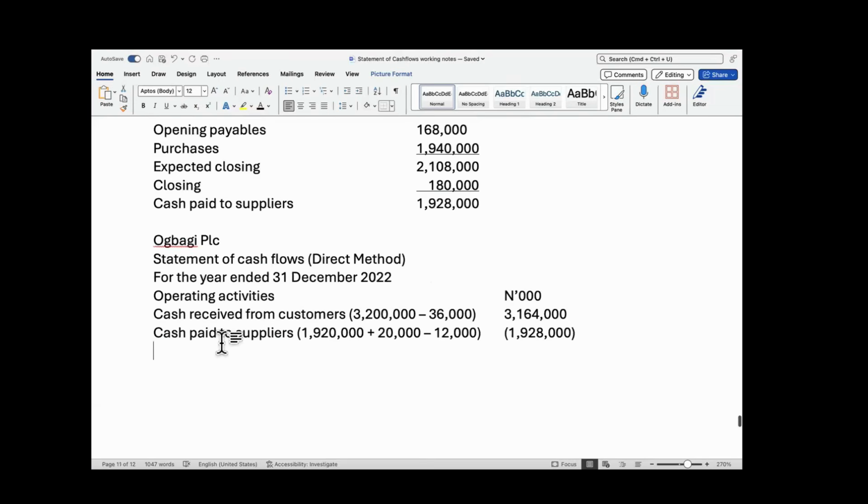So staff remuneration is 480 minus 4,000. How much is that? 476,000 as an outflow.